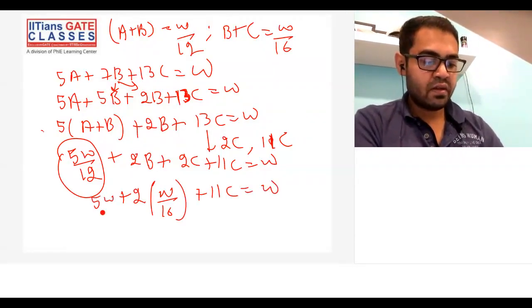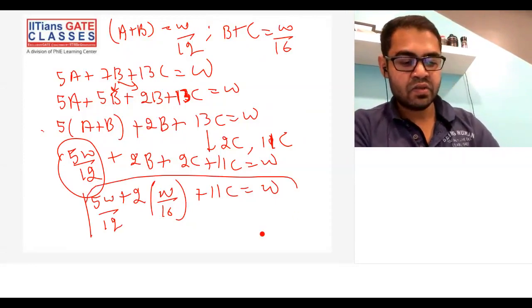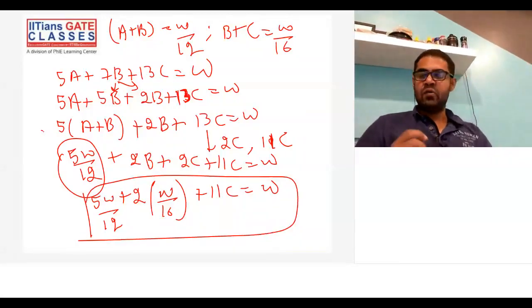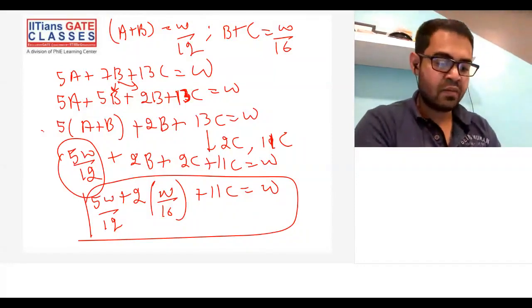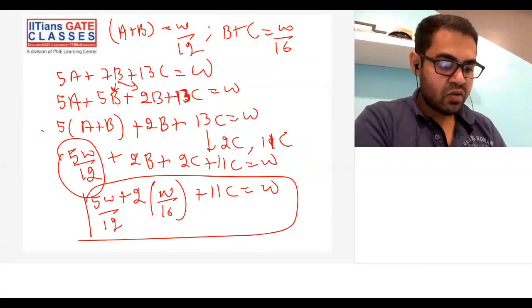So finally I get this equation. This is how I was able to get rid of A and B from the equation, and I have only C. Let me solve it first, then I'll come back to this point. So this is my equation.